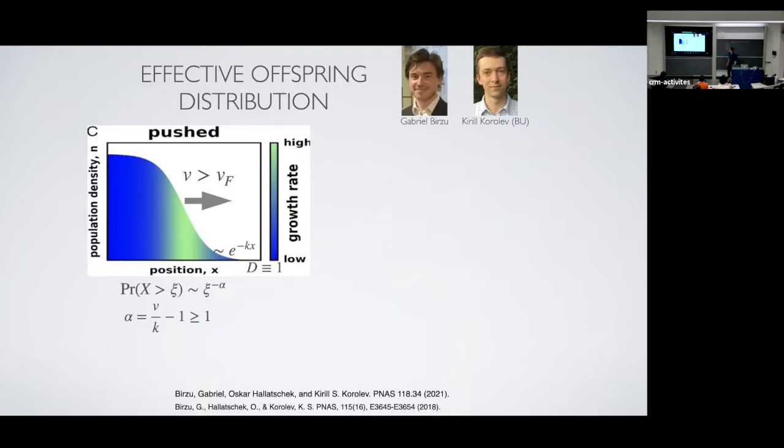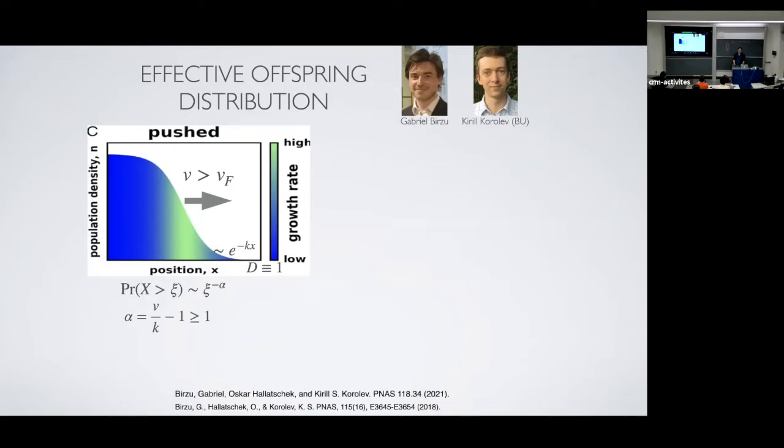And one can show that the exponent is given by the ratio of the wave speed over this decay rate k, minus 1, where we're setting the diffusion constant equal to 1. So for the case of a pulled Fisher wave, for example, this would just be 2, and then you have the equality. So this is the same distribution that appeared in the Luria and Delbrück case.